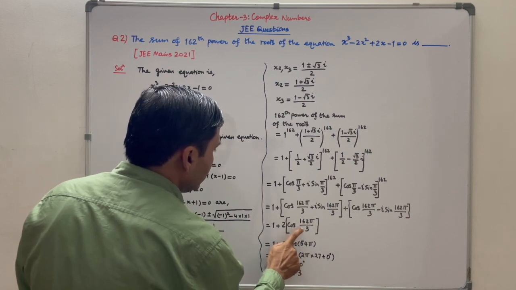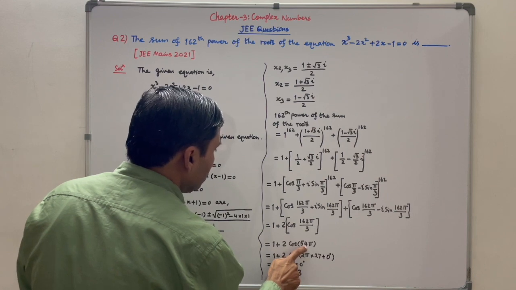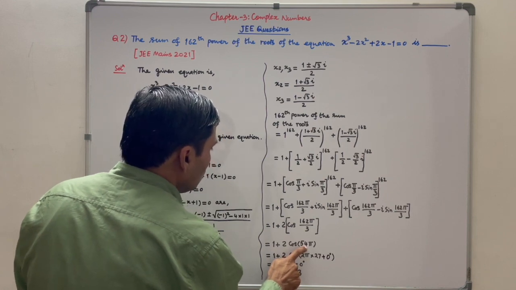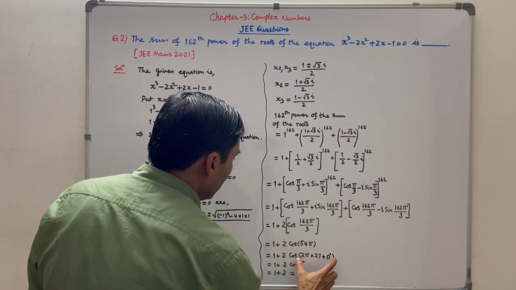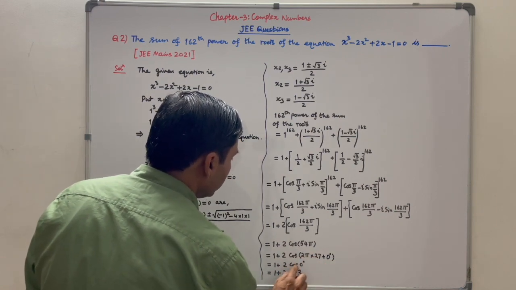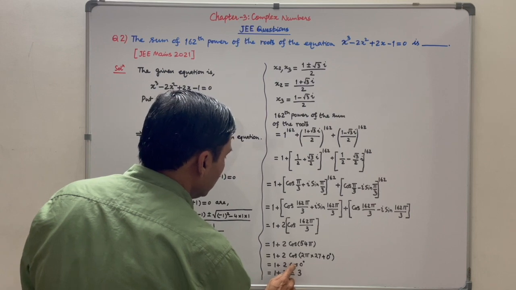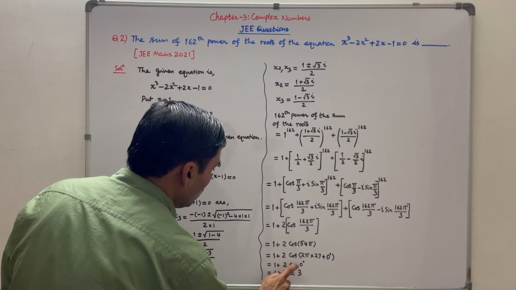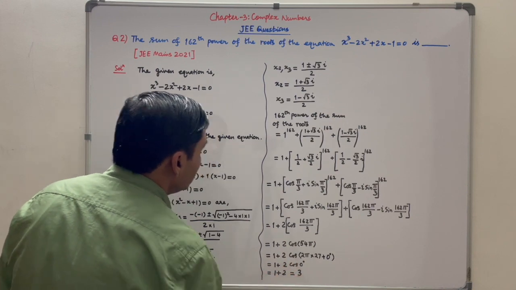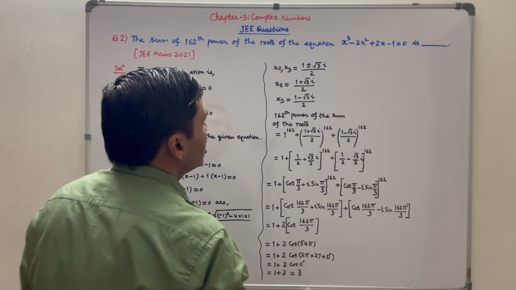This can be simplified as 54 pi, and 54 pi is a multiple of 2 pi. So we can write 2 pi into 27 plus 0. So value of this is equal to cos 0, and that is 1. So value of the expression is 1 plus 2 into 1, and that is 3. So our answer is 3.